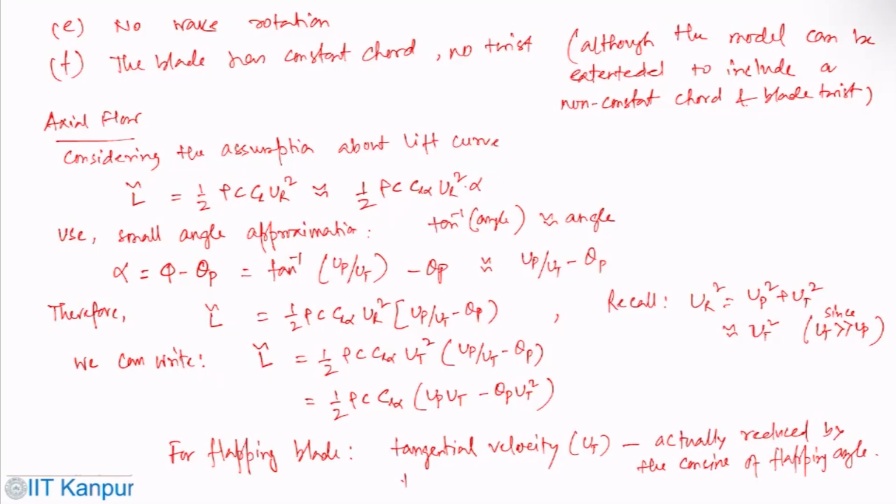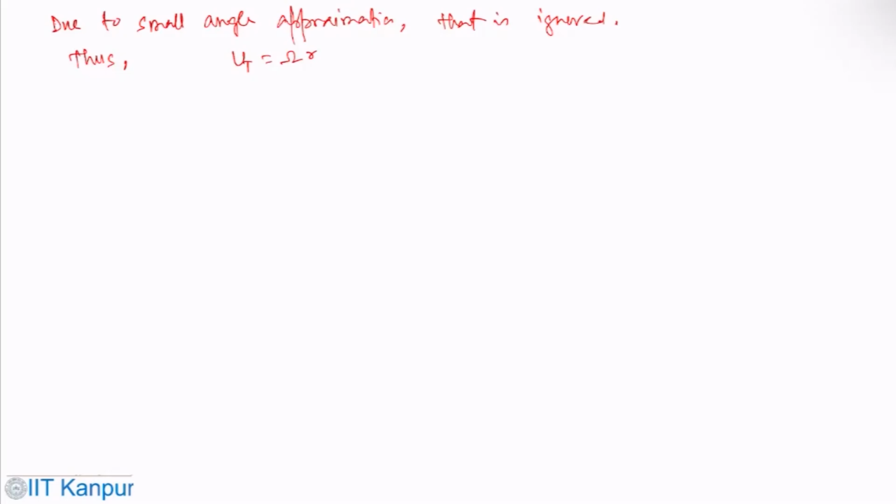However, due to small angle approximation, this is ignored. Thus, we can have UT is omega into r.